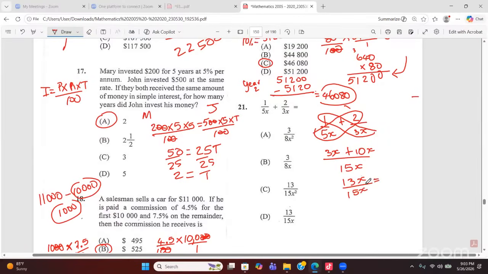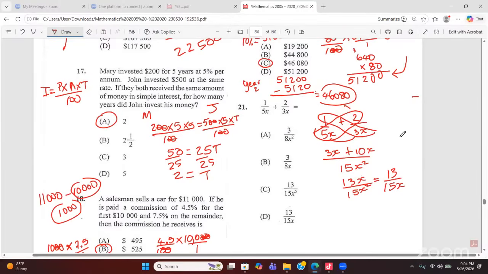squared. But when you're done, you're going to realize you're left with 13 over 15x. I just did the butterfly method, but you don't have to do that. You could set up your regular LCM and do it. With the butterfly method, we just multiply, multiply, and multiply.